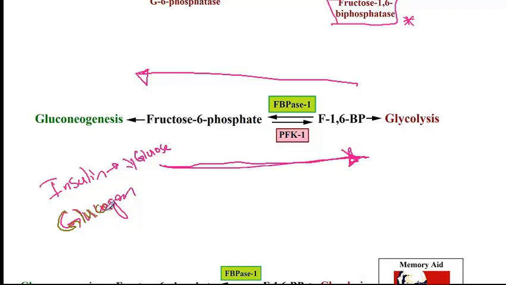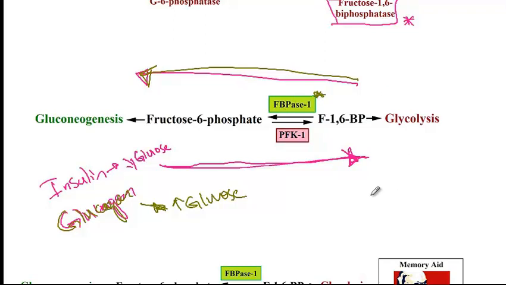Glucagon, on the other hand, its function is to increase the blood glucose concentration. And so therefore, once there is glucagon secretion, there would be pushing of the reaction towards gluconeogenesis. So the fructose 2,6-bisphosphatase will be activated by this hormone.